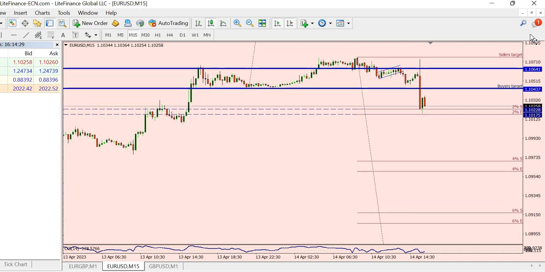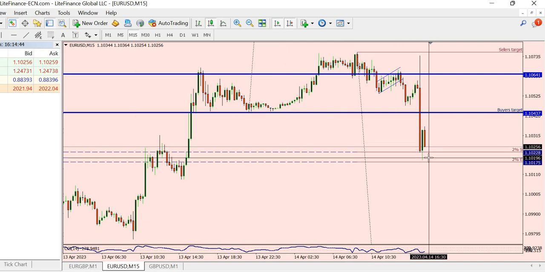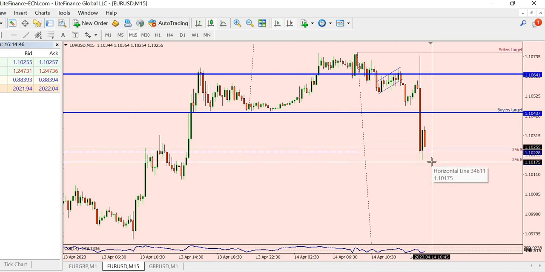I marked the 2% for you guys with a horizontal trend line. You can see one option, 1.1017, 1.1022. So as you can see, depending on the broker, the second level sometimes is not tested perfectly. Of course, we will never know.